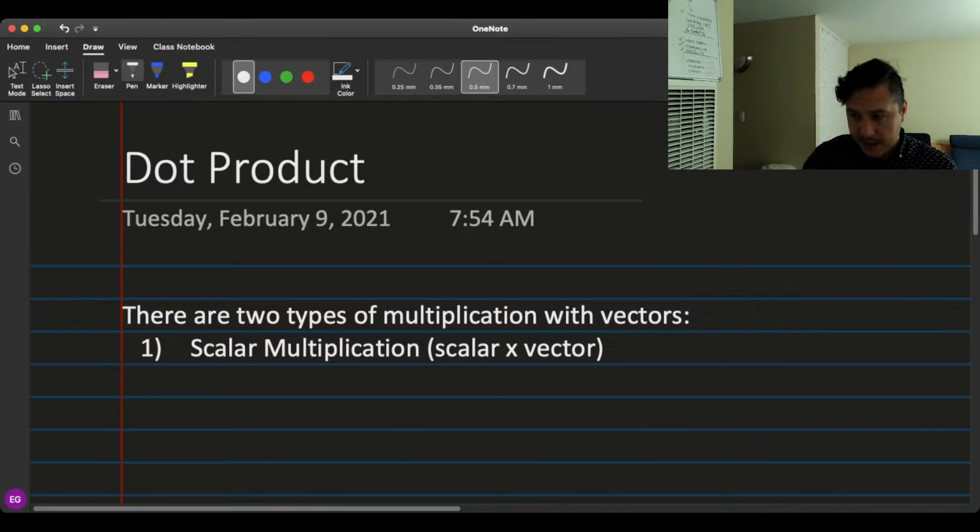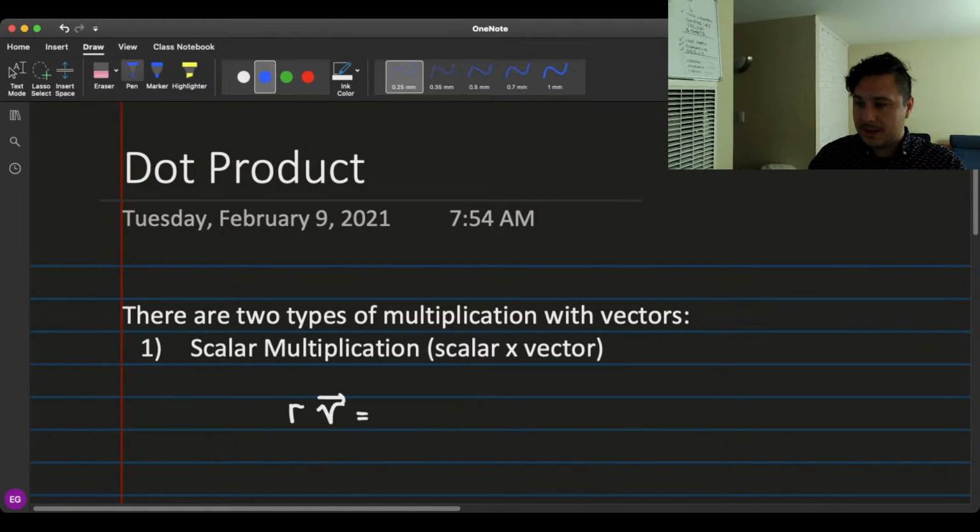So you could have the scalar r times the vector v. The scalar would be that part, and the vector would be that part.